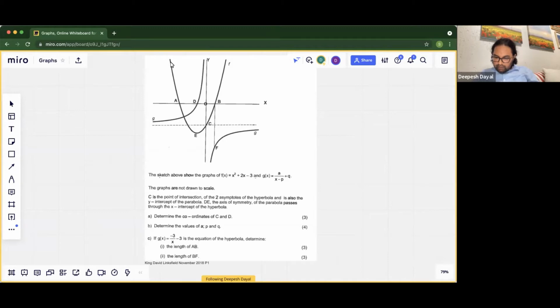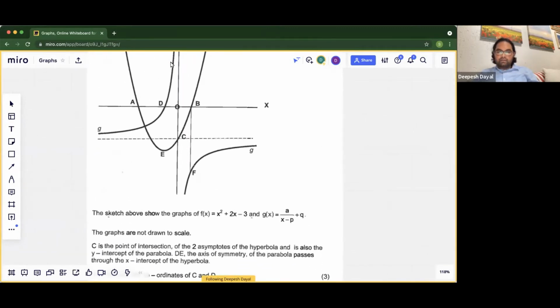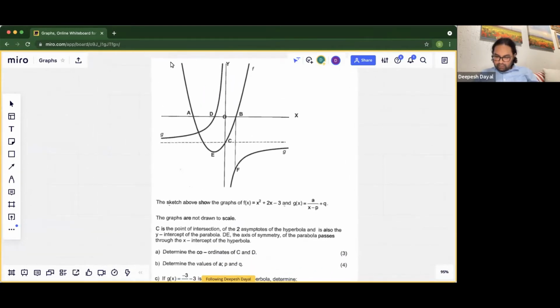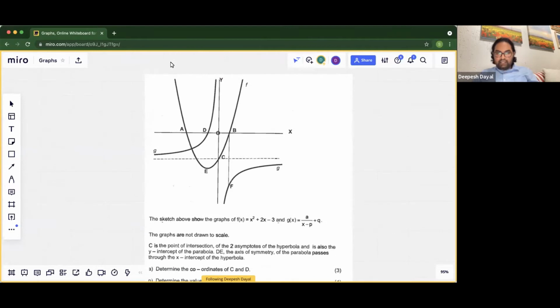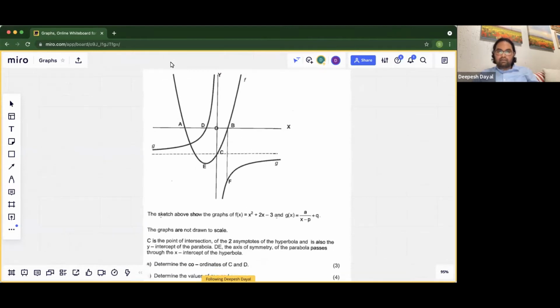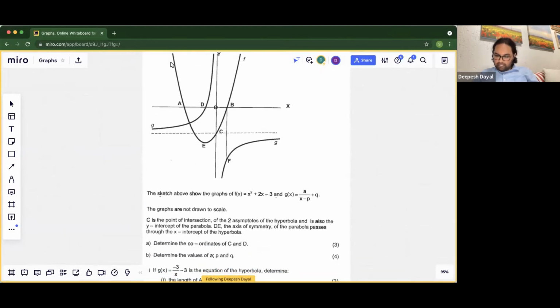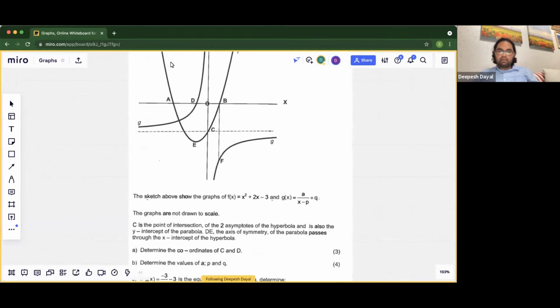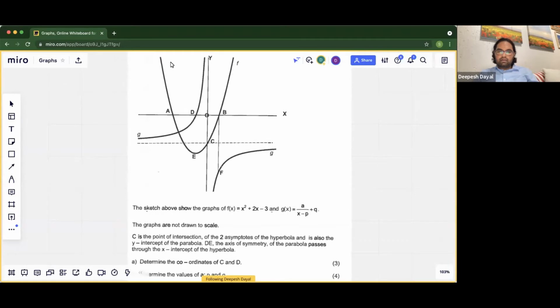Okay. Determine the coordinates of C and D. So I'm going to do this so you can focus on those questions. The first question, determine the coordinates of C and D. Okay.